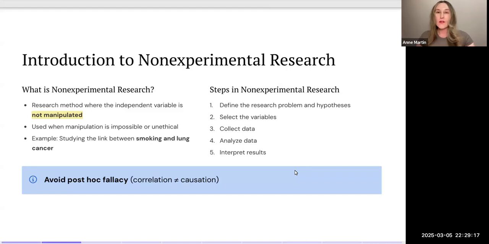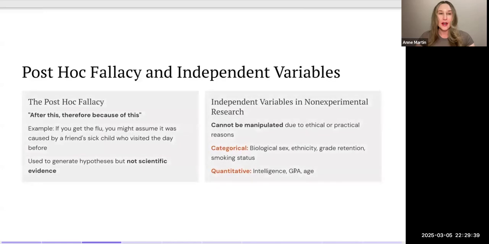One of the main considerations in non-experimental research is to avoid the post hoc fallacy, that correlation does not equate to causation. This is something that we've been talking about a lot, and in this chapter, you will also see some of the particular considerations for non-experimental design.